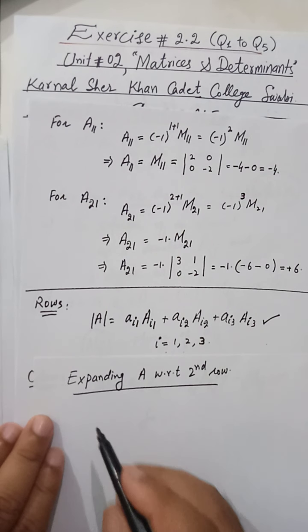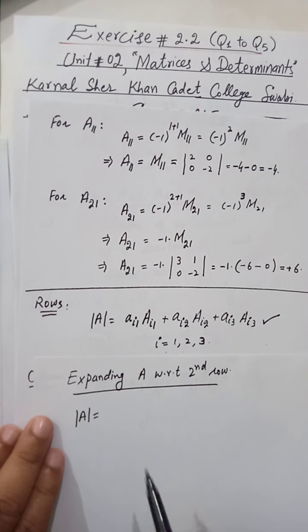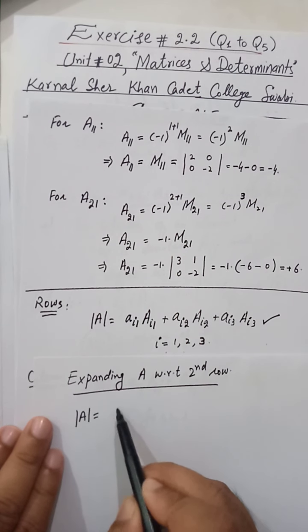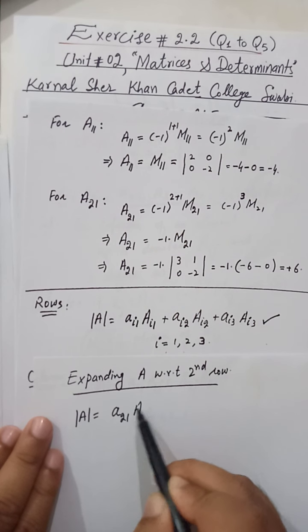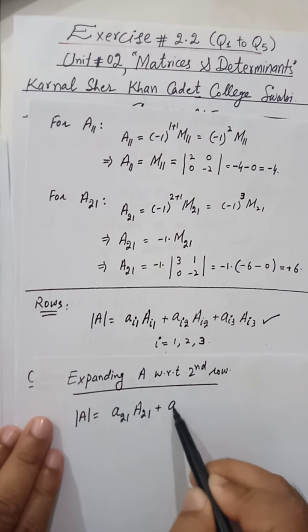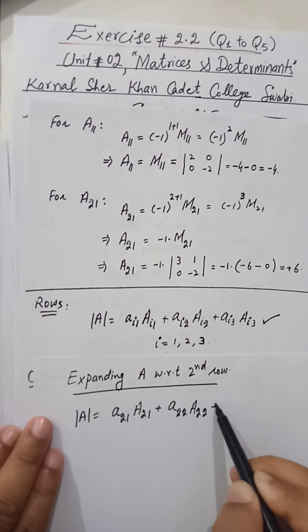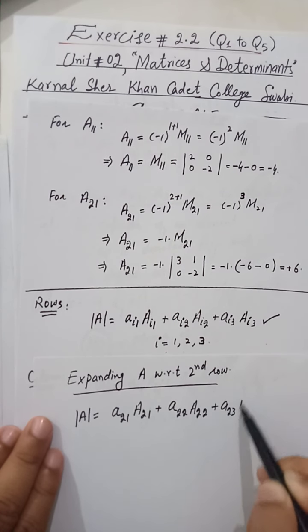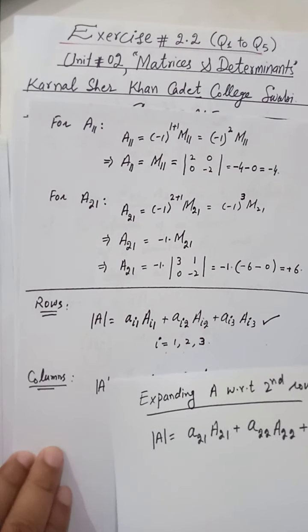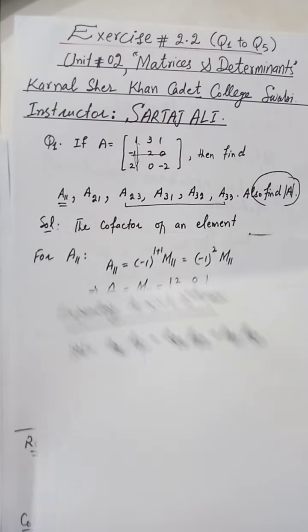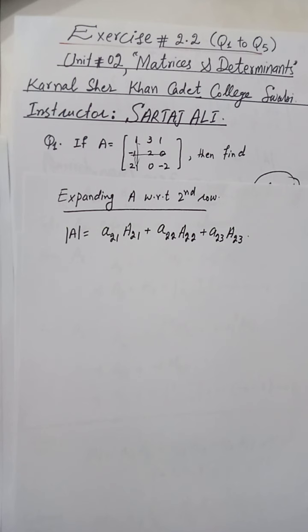So when I put i equal to 2, the formula for the determinant of the 3 by 3 general matrix becomes a21 capital A21 plus a22 capital A22 plus a23 capital A23. So this is the formula to calculate the determinant of the given matrix using the second row.